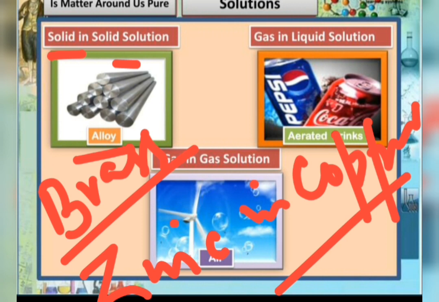Brass is prepared by mixing molten zinc with molten copper, and then cooling the mixture, and we get a solution of brass. So here zinc and copper both are solid. We have prepared this type of solution by mixing solid in a solid.